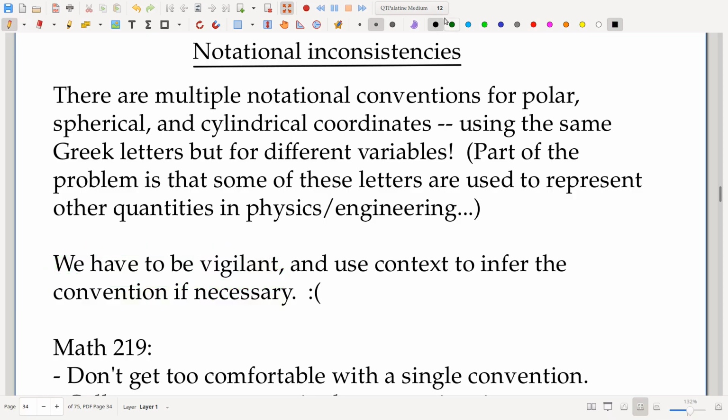I'm sure y'all are accustomed to the idea that if you're talking about rectangular coordinates, we call that one x and we call that one y. Right? We're all pretty accustomed to this.